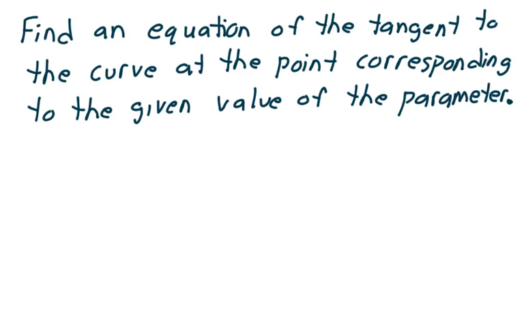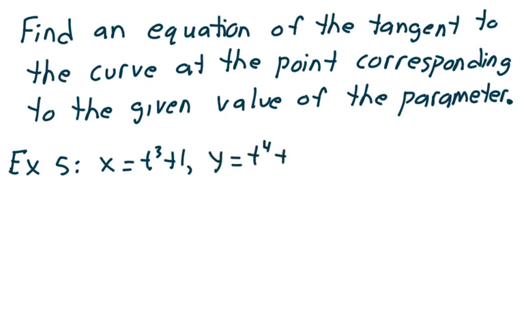Okay, so let's take a look at example 5. Suppose I had x equals t to the third plus 1, y equals t to the fourth plus t, and the parameter is t equals negative 1. Now, to find the equation of a tangent, really we're looking for a tangent line, right?